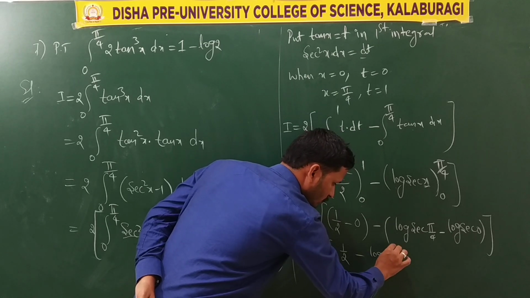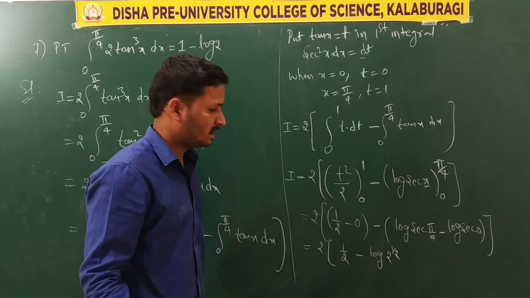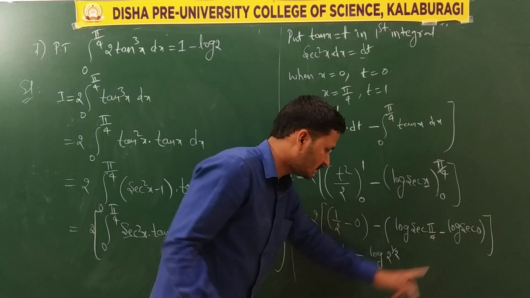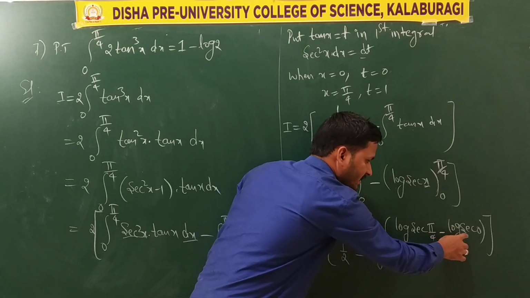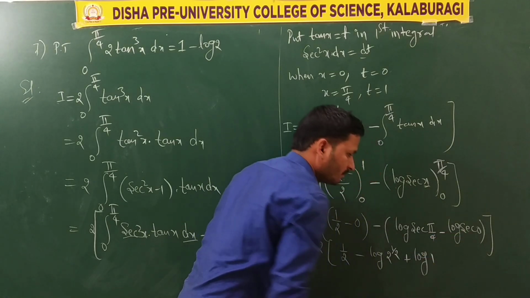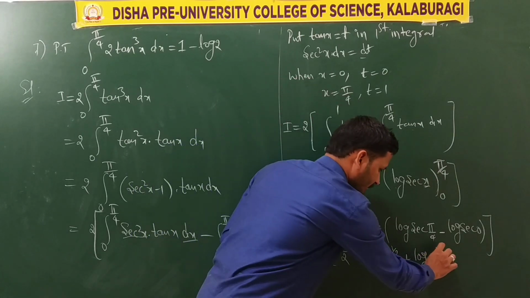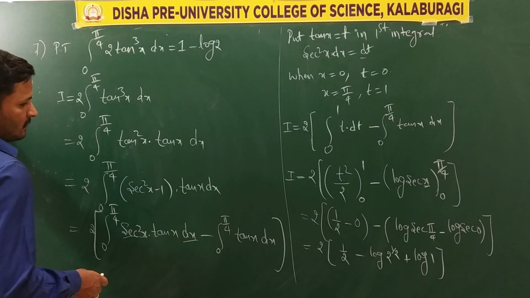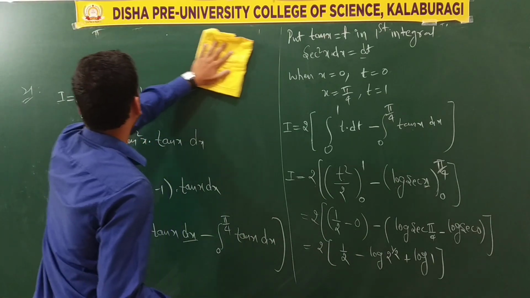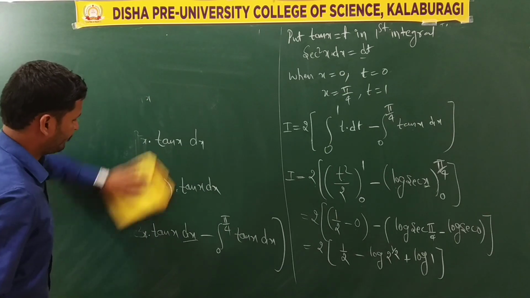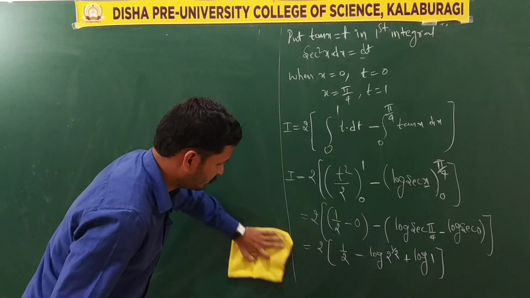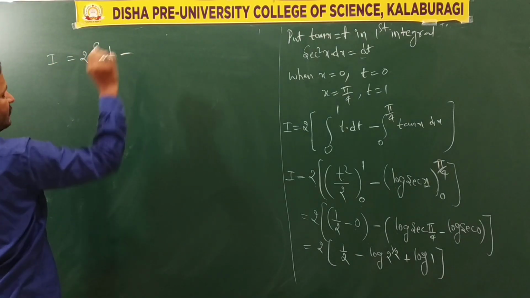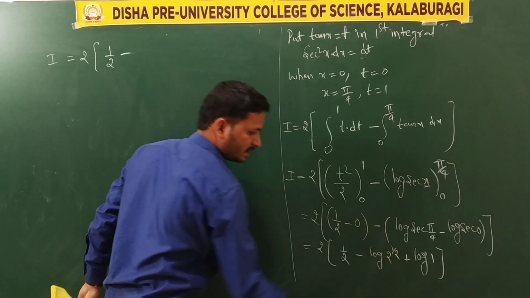Root 2 can be written as 2 to the power 1/2. So log of 2 to the power 1/2, minus, and here minus of minus plus, log of secant 0, whose value is 1. Next, 2 times 1/2 minus log of m raised to n.